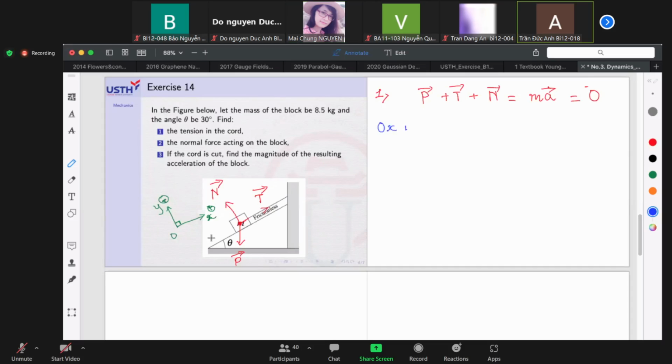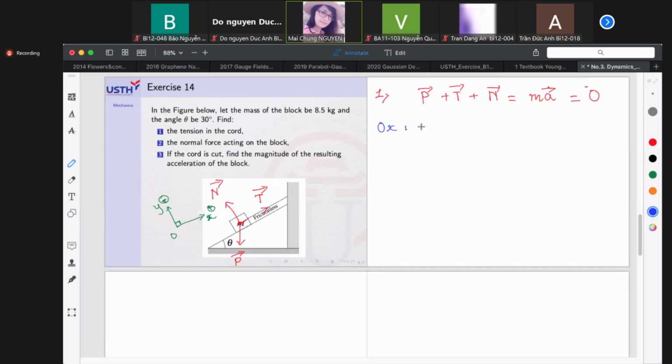So along the plane, we consider the axis OX here. What about P on OX? It's Px. In this case it follows the negative direction, so it must be negative.